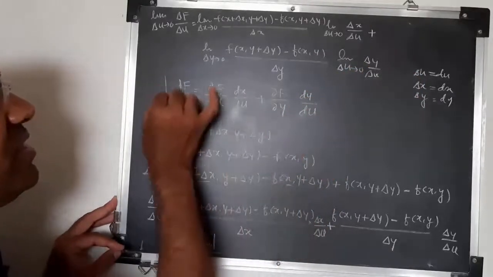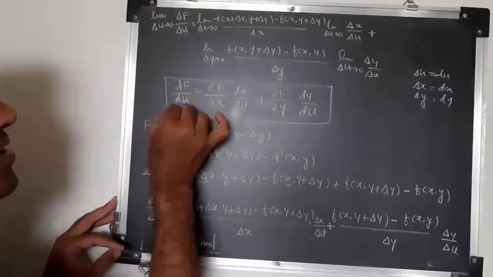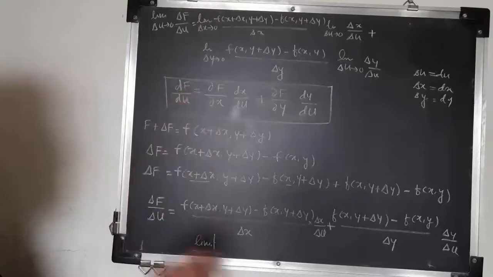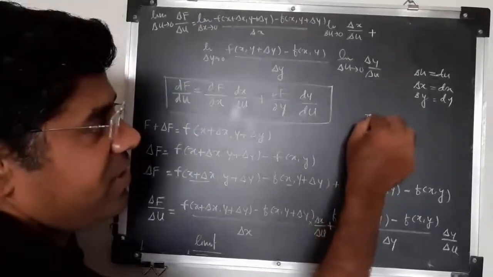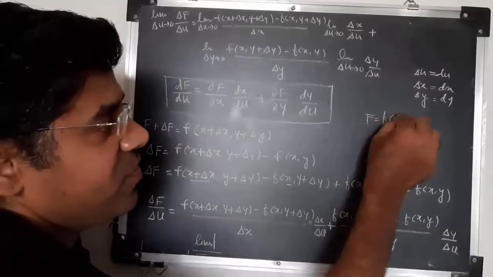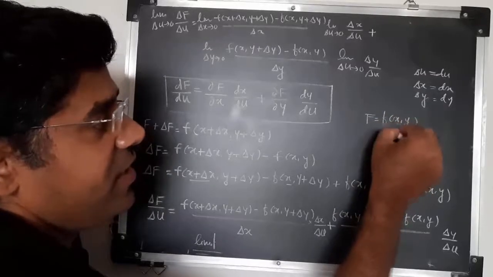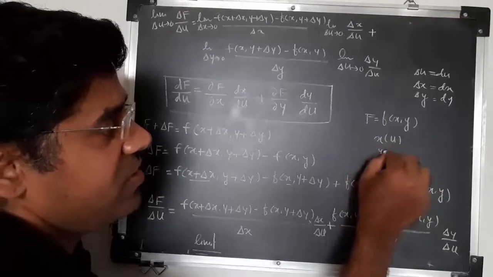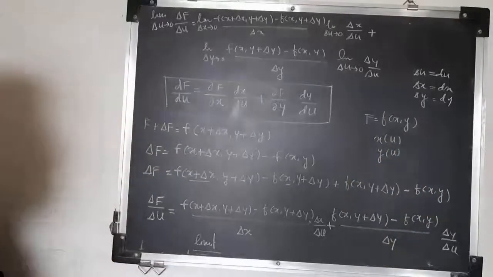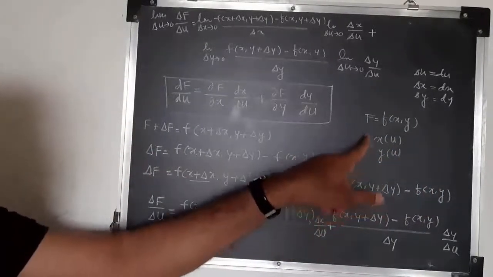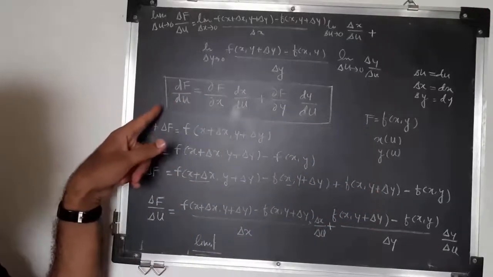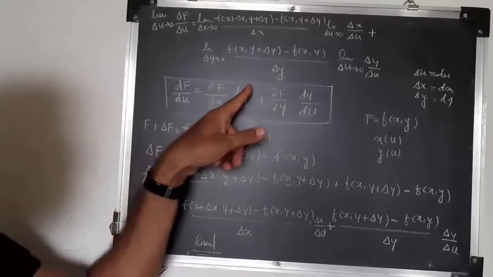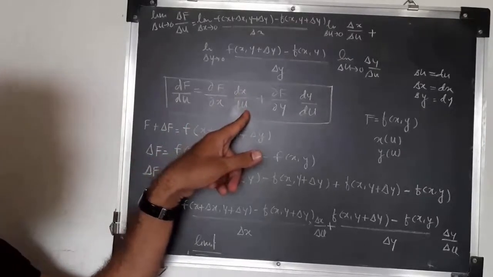We have just seen this in terms of t. So this is the formula for when f is a function of x and y, and again these independent variables are functions of, suppose, u, so x and y are both functions of u. Then we can write df by du is nothing but del f by del x into dx by du.